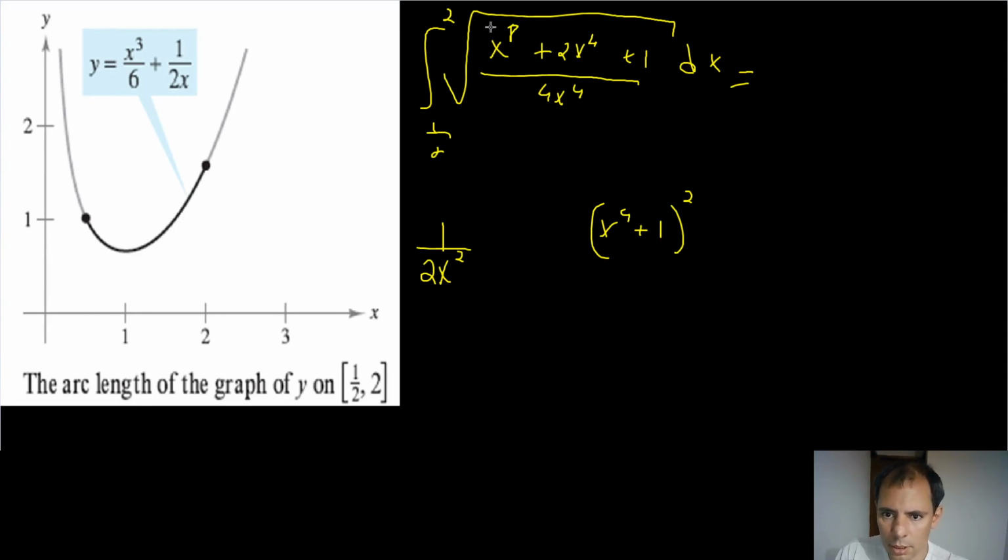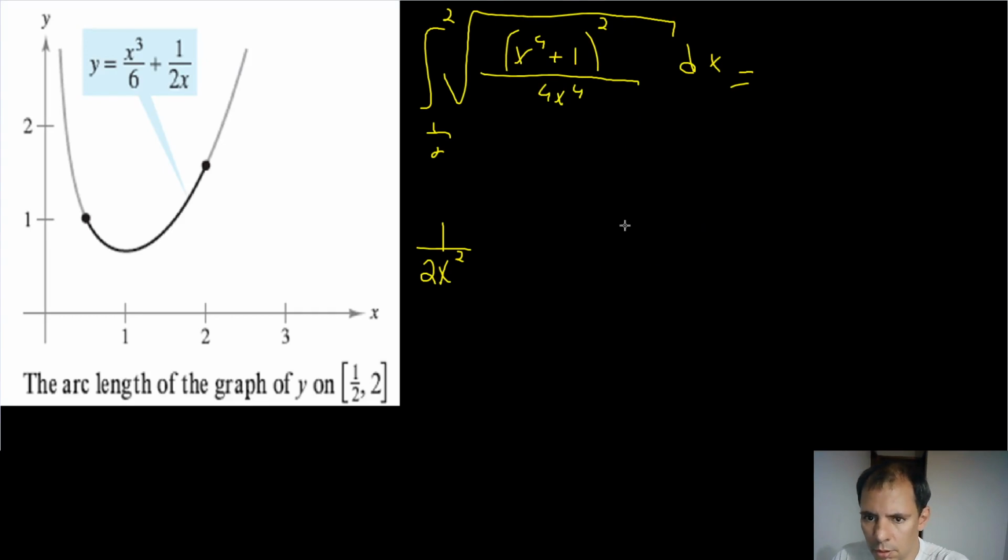So I'm just going to erase this here and plug it in here. Okay, there we go. Since it's a square, this is just going to be x to the fourth plus 1, and it'll be dx, right?